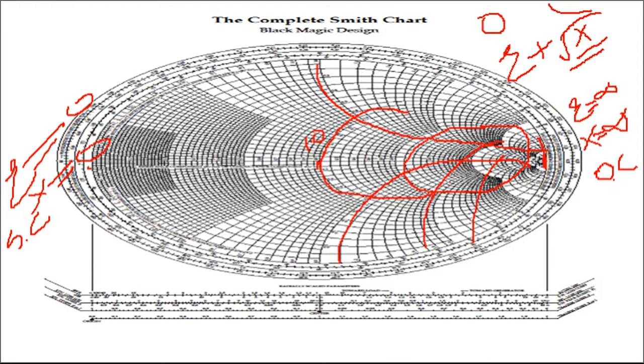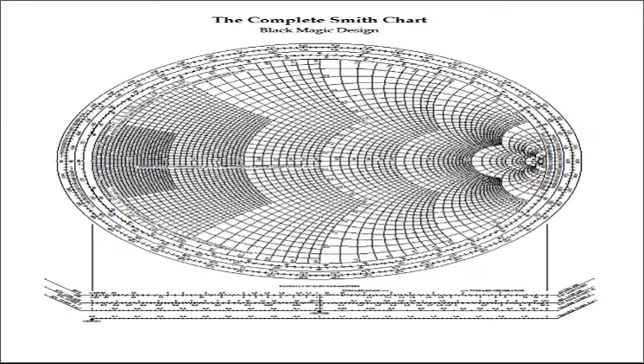Okay, let's go back to the Smith chart once again. As I told you, whenever I am dealing with impedances, impedance can be z equal to, let's say, r plus jx, or r minus jx. Now instead of representing separately, how can I represent it on the Smith chart?